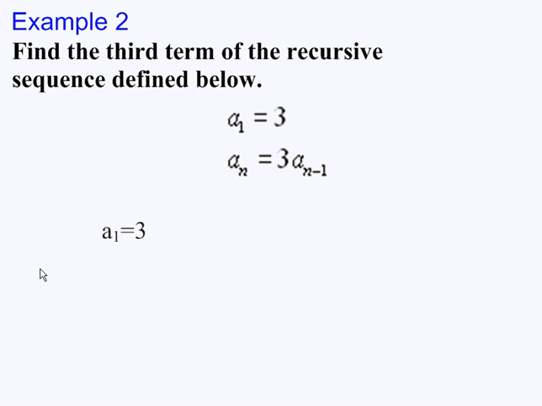So A1 is 3. To get A2, we take the previous term, which is 3, multiply that by 3, we get 9, so A2 is 9. To get A3, we take the previous term, which is 9, multiply that by 3, and we get 27. So the third term is 27.